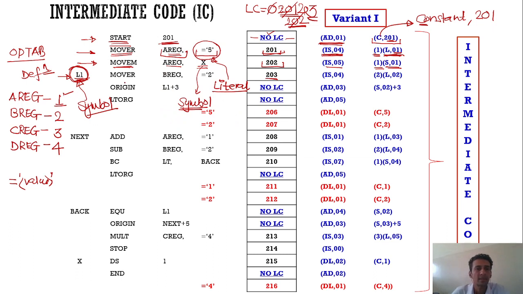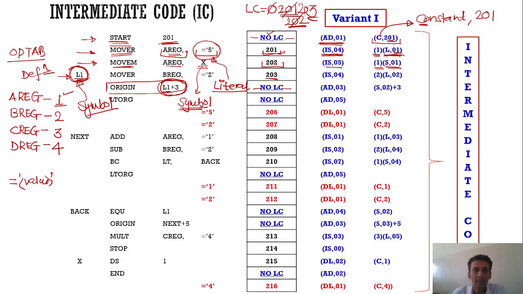Now next is the move origin statement. Origin, if you see in the OP tab, we will find is an assembler directive, hence no LC processing. Rather, origin will instruct the assembler to set the LC as the result of the expression in the operand field. This expression is L1 plus 3.